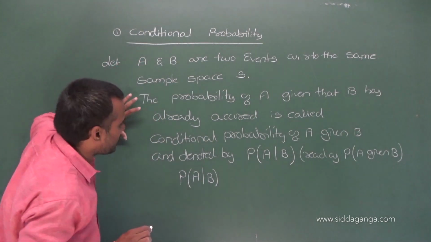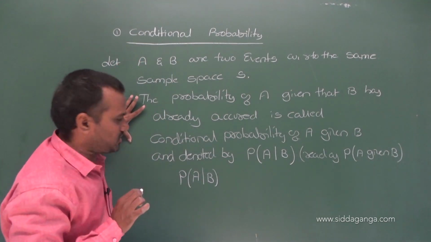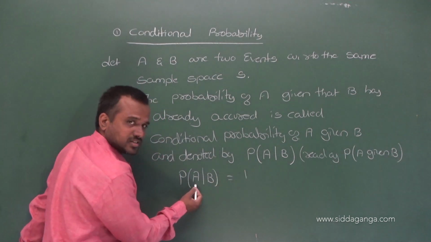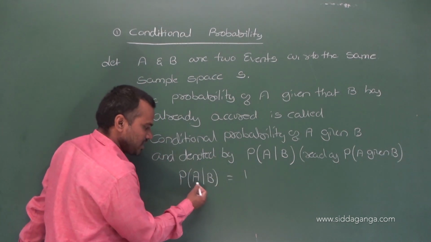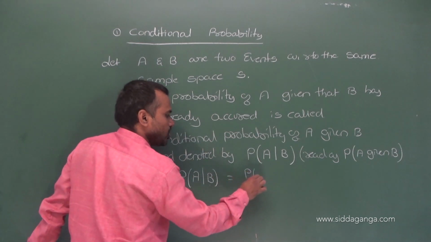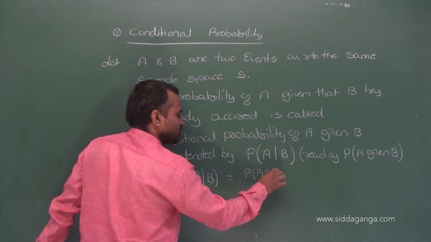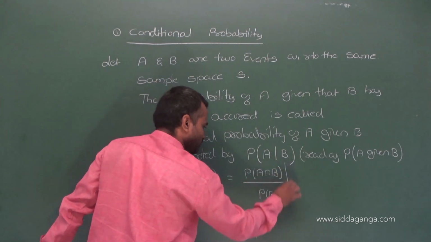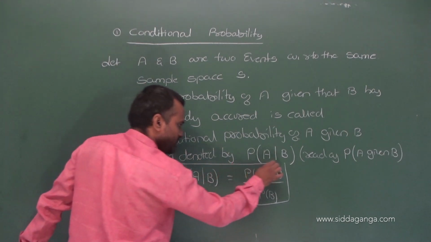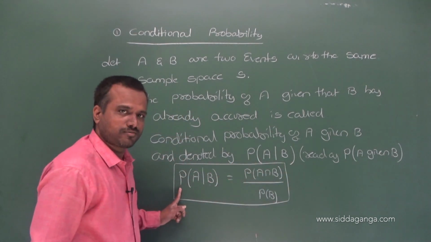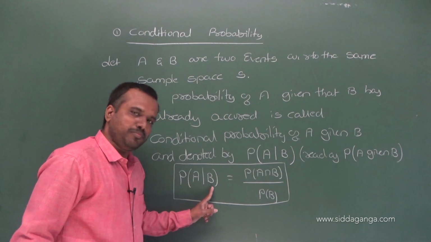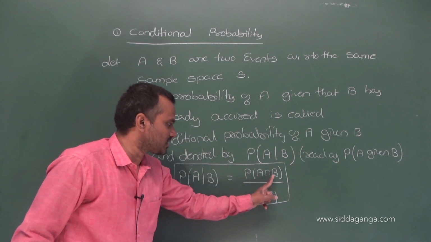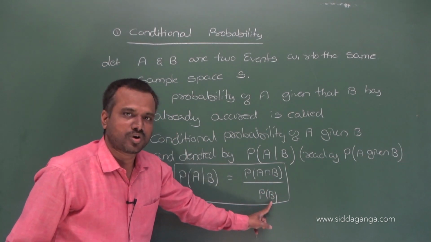P of A given B is equal to P of A intersection B divided by P of B.